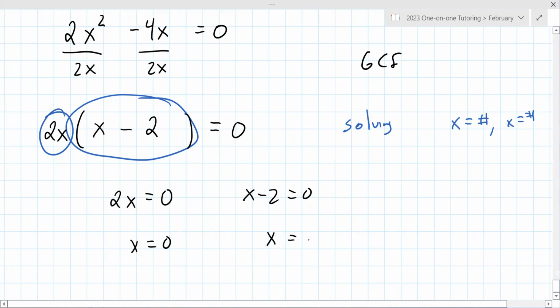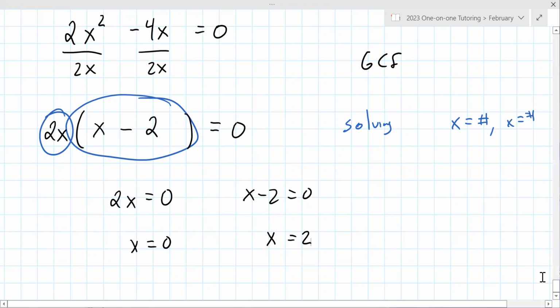What's the one on the right? x equals 2. Wait, why don't you divide by 2 on the right one? You're subtracting 2. Here they're multiplying. You add 2 on each side.